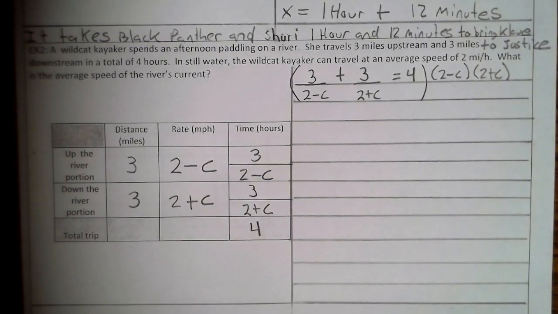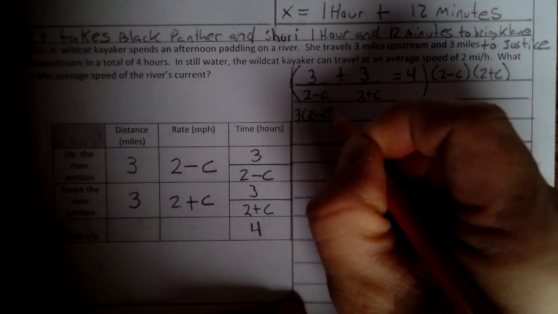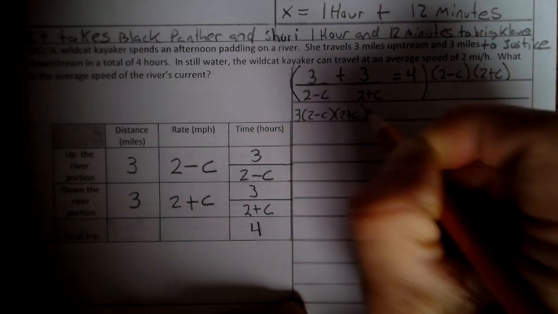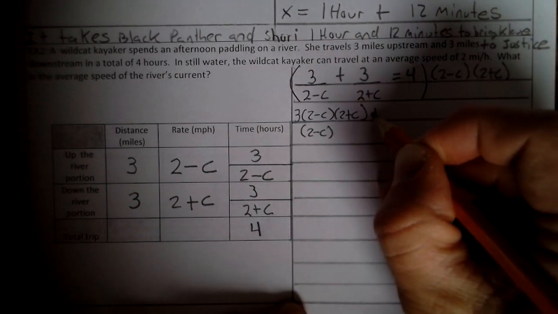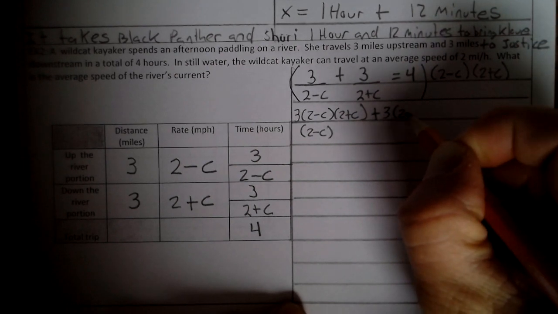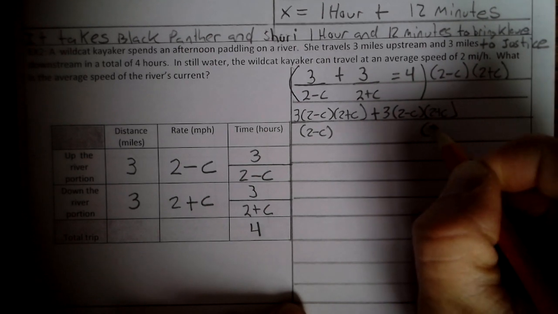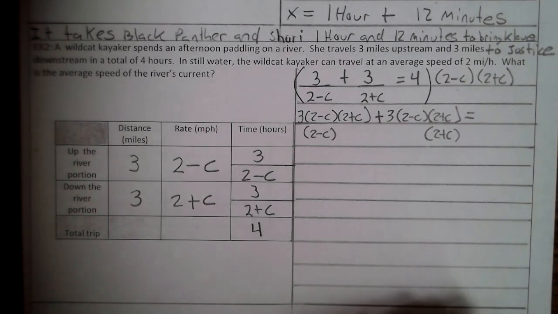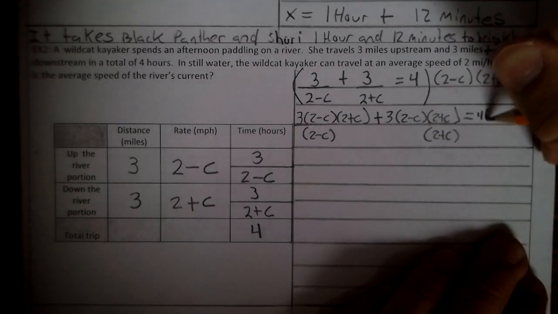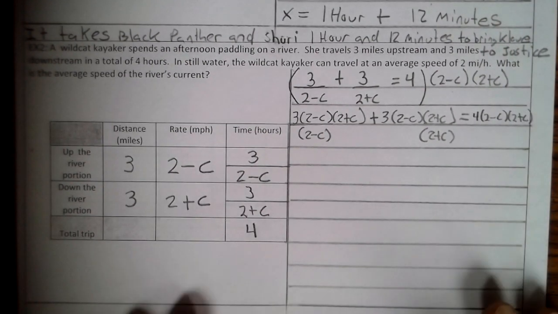So then that's 3 times (2 minus c)(2 plus c) divided by 2 minus c, plus 3 times (2 minus c)(2 plus c) divided by 2 plus c equals 4 times (2 minus c)(2 plus c). This divides and becomes 1. This divides and becomes 1.